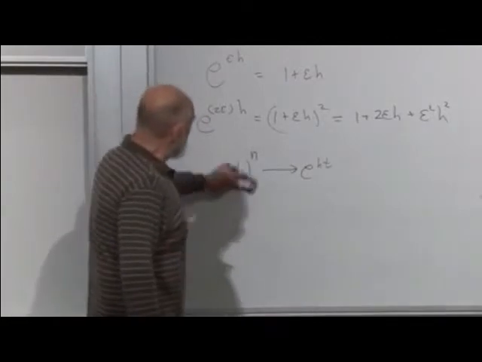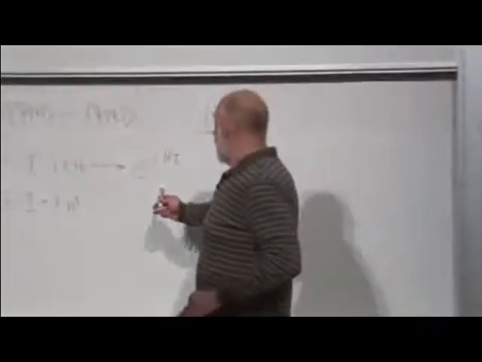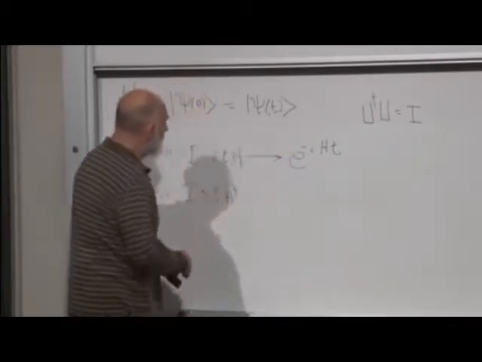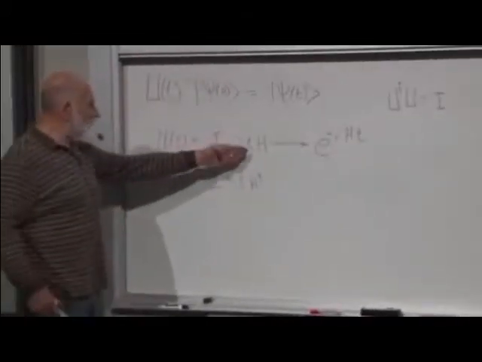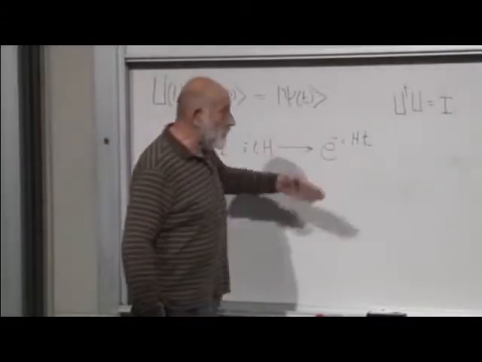Okay, so I will tell you right now the generalization of this for finite times. There should be a minus sign here: 1 minus iHt for finite t really becomes e to the minus iHt.